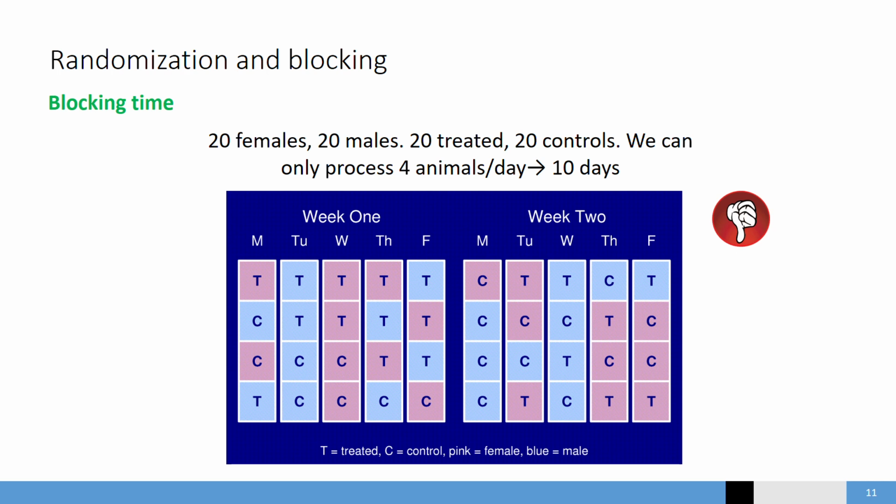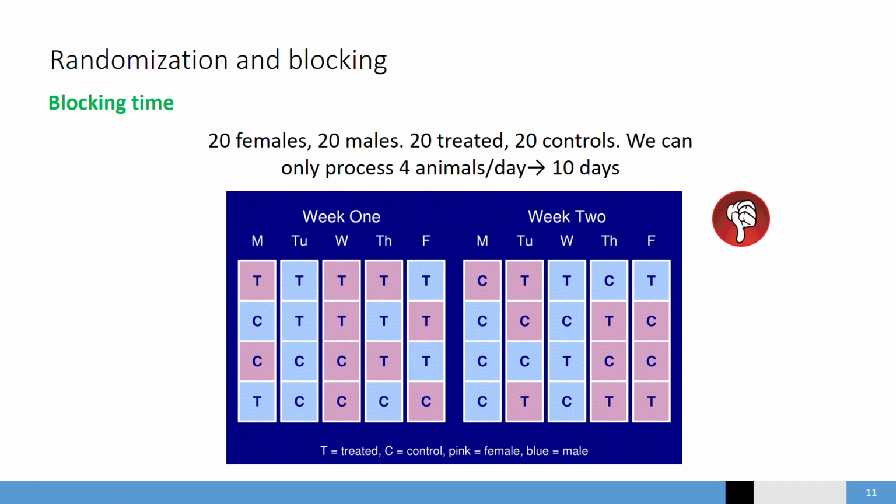But now if we pay attention, we see that there are days that we only have males, same here. There are days with only females, and there are days with only controls, or days with more treatments than controls. So this seems not good.